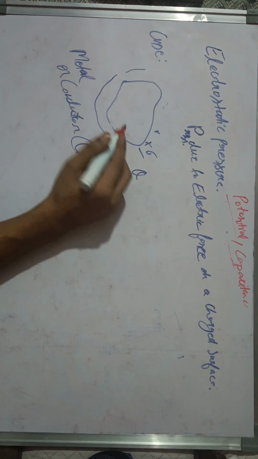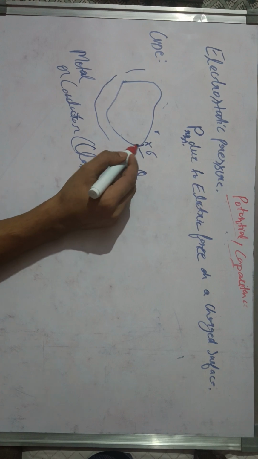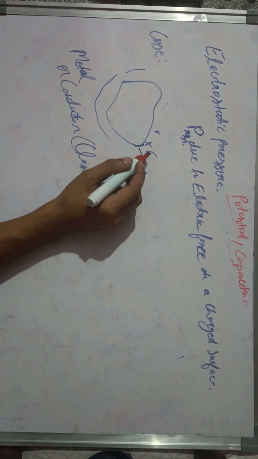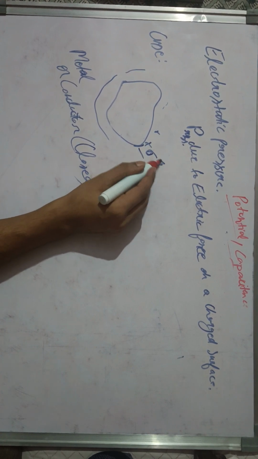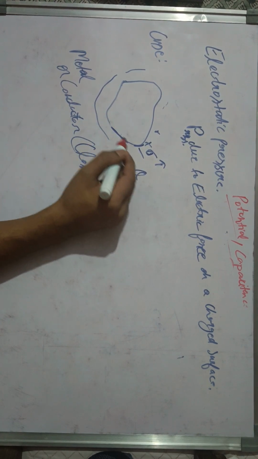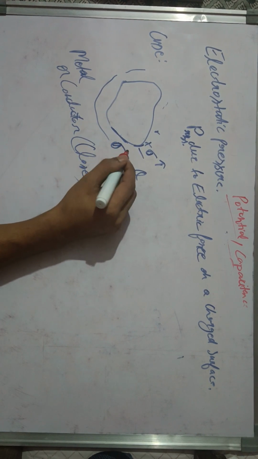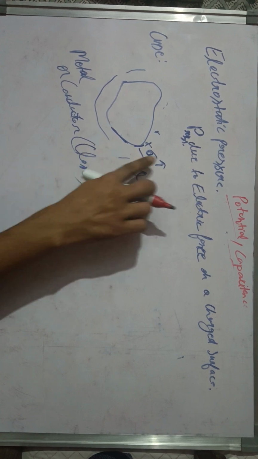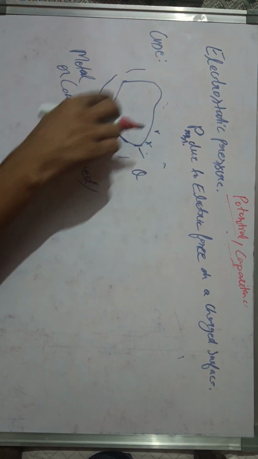Like this part has less radius of curvature, so it will have high sigma, while this has very large radius of curvature, so it will have very low sigma value. So this is how the charge spreads all over it.